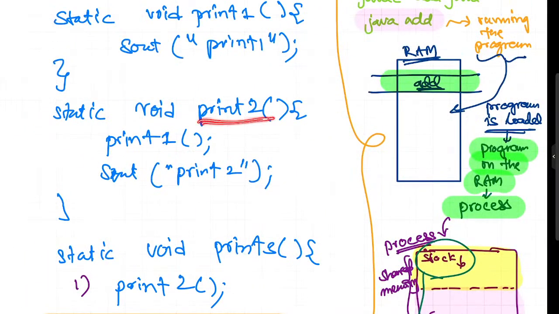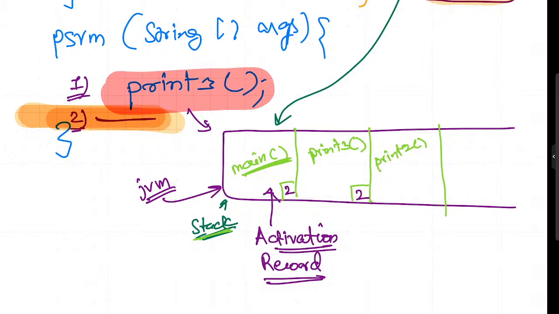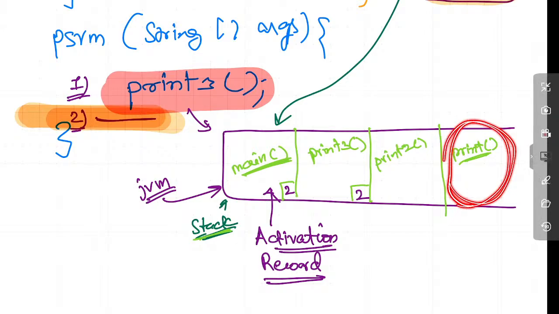In the first line there is print 1. Once there is a call, it will create an activation record and push it onto the stack.